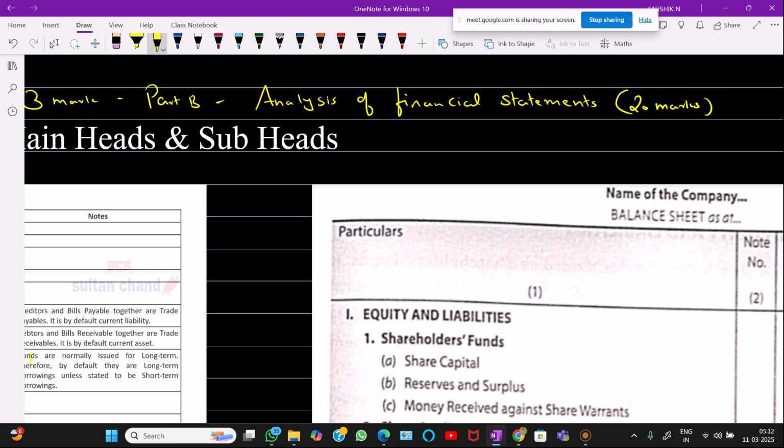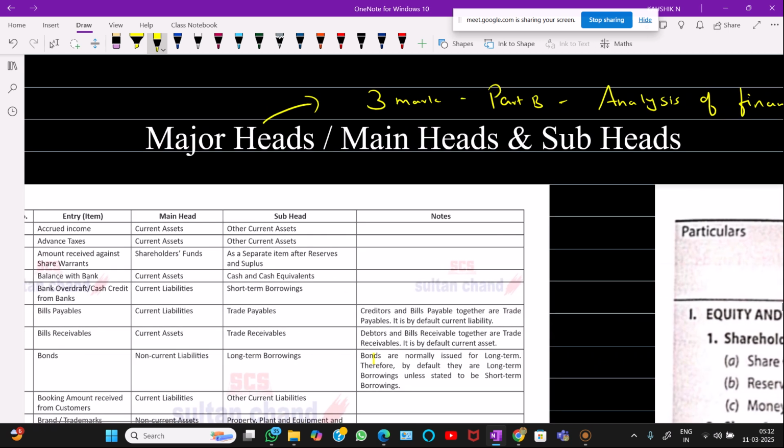So you have to write down the major head carefully and the subhead carefully. This major head and subhead is purely associated with your balance sheet.